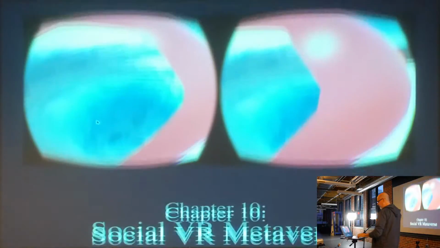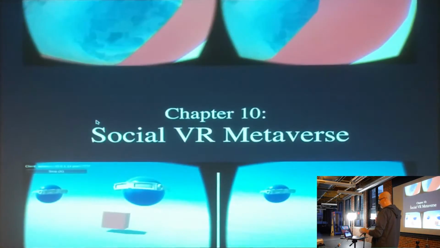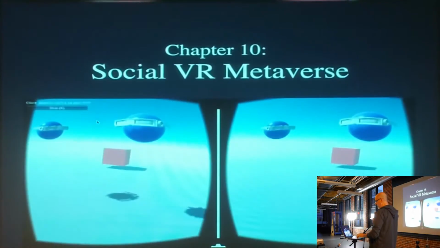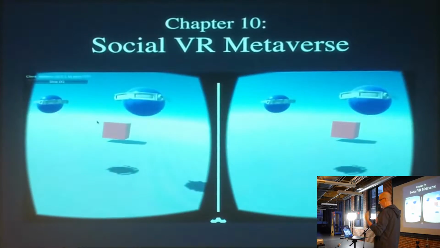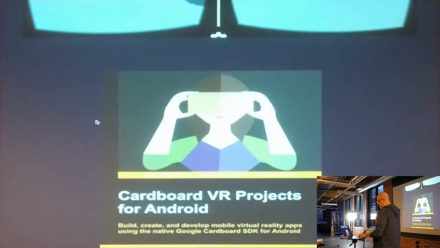So there are lots of different ways that you can play around with 360 when you're in a modeled environment. And then the last chapter gets into social networking and how to implement that using the Unity networking tool. So the book is not an academic book, it's kind of like a blog on steroids, but with lots of projects.